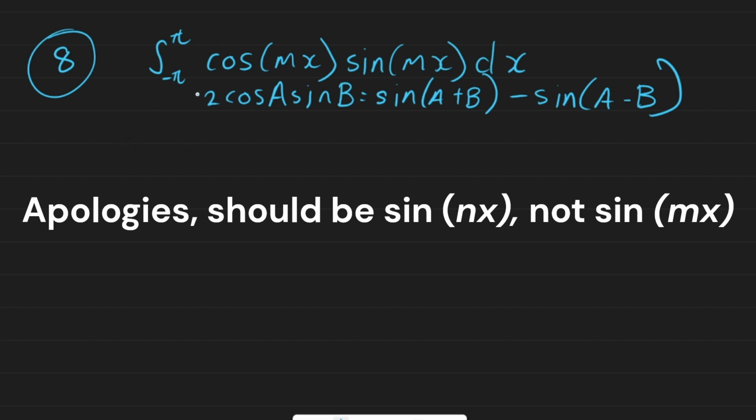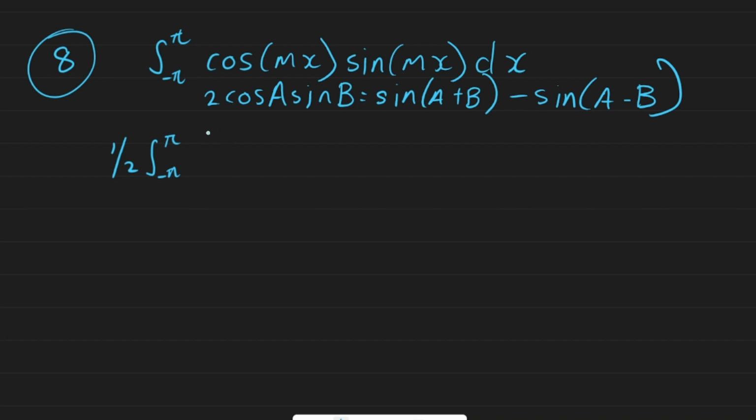So substituting that into the integral, what we get is a half times the integral from minus pi to pi, and we have sine of m plus n x minus sine of m minus n x.